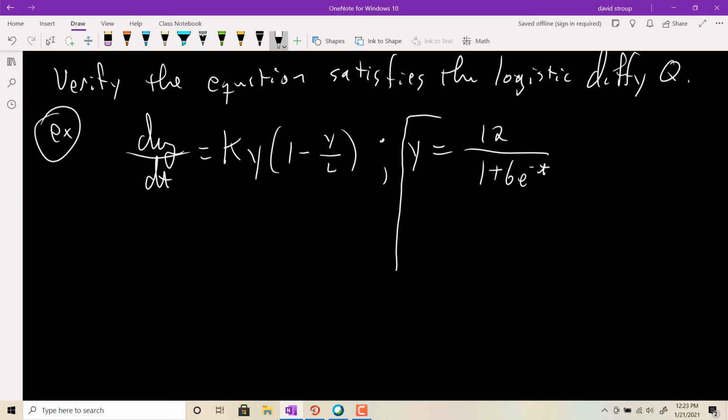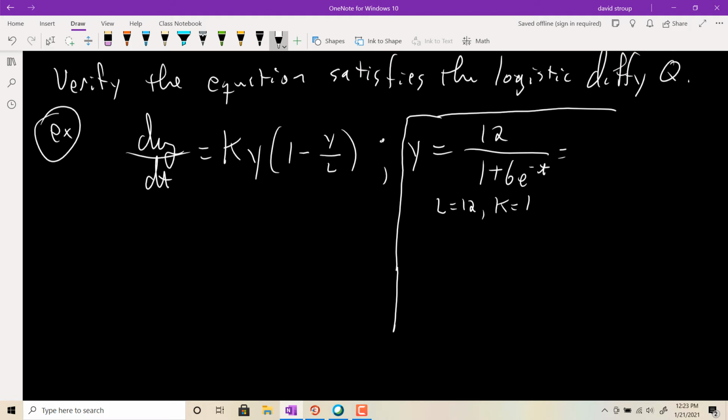We kind of did this in the beginning in 6.1, just making sure our solutions satisfy differential equations. One thing to note: the L value is 12. The k value seems to be just 1. It's always e to the negative kt, so negative kt is equal to negative t in this case.